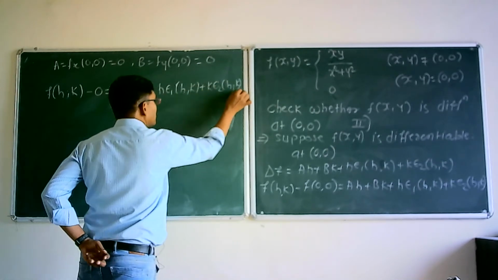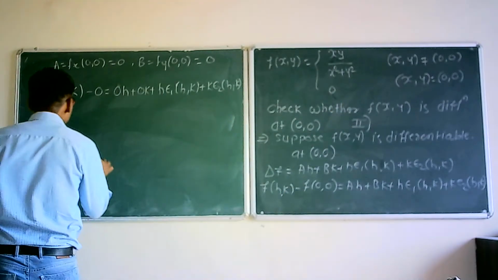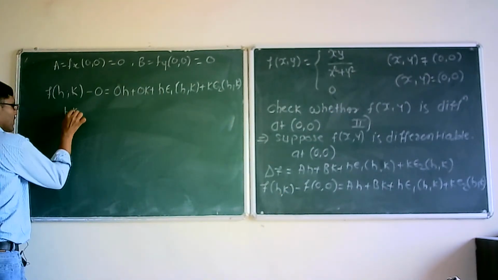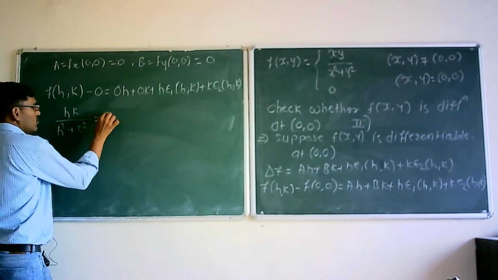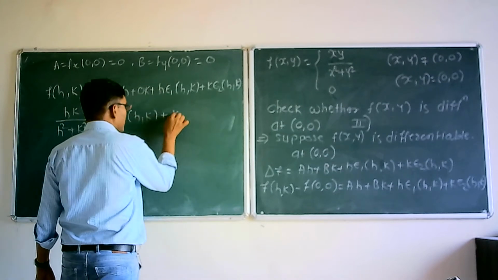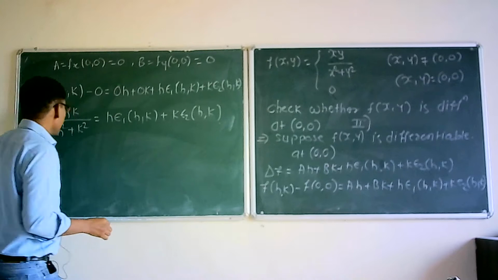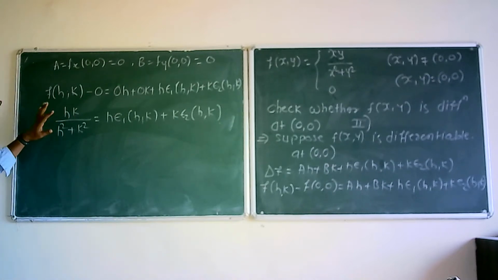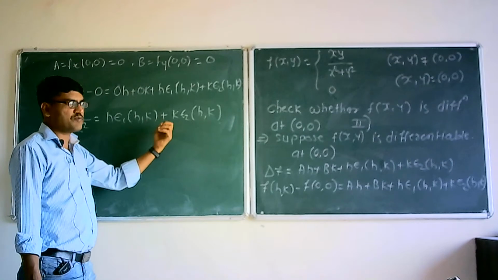But what is f of xy? It is xy divided by x square plus y square. So f of hk is hk divided by h square plus k square, equal to h epsilon 1 hk plus k epsilon 2 hk. That is, for any value of h and k you can express this function as h epsilon 1 hk plus k epsilon 2 hk.